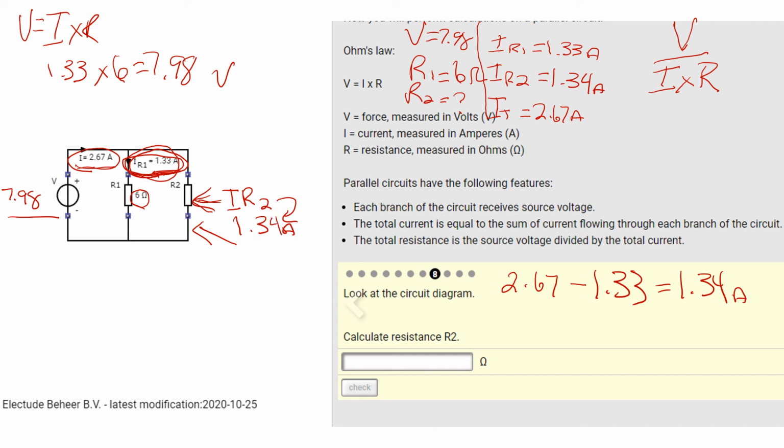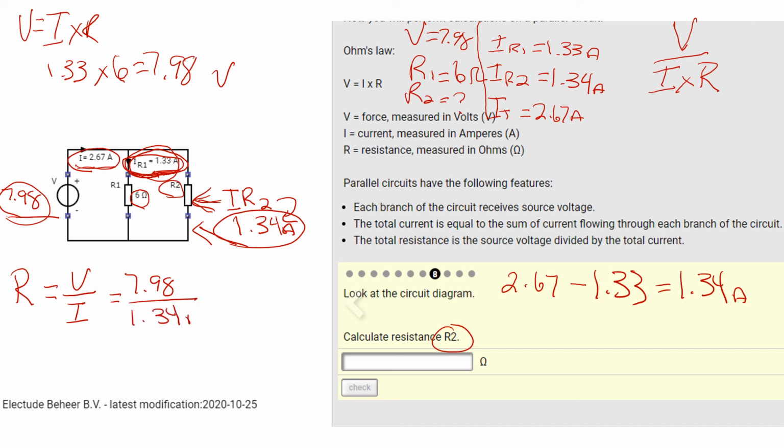So now that I have that information, I'm still looking for R2, resistance 2. Now that I know this and I know this, if we go back to my formula again, resistance equals V over I, and I know that my V is 7.98 volts, and the current I'm talking about is 1.34 amps.